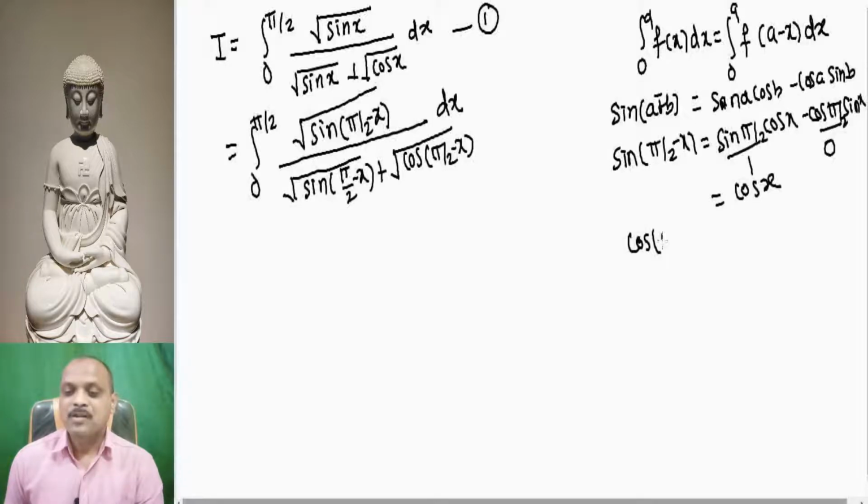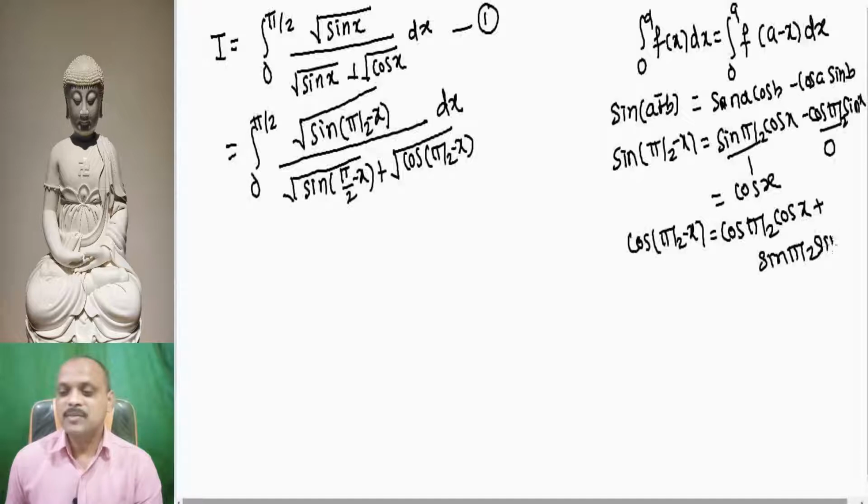Now cos of (pi by 2 minus x): the formula is cos a cos b plus sin a sin b, giving sin x. Cos pi by 2 is 0, sin pi by 2 is 1, so this is sin x.